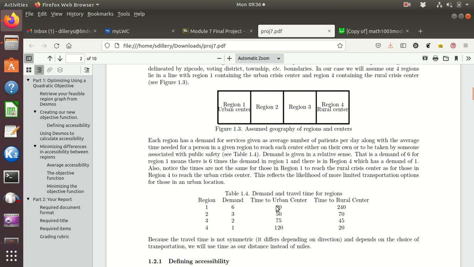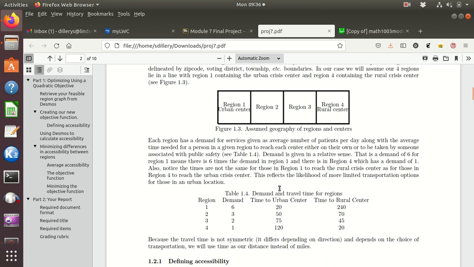again, we've got the time to the urban center. Well, maybe this is in minutes. That's probably what I was picturing when I did this. And so the average person in Region 1 needs about 20 minutes to get to the urban center, but they would need about 240, or about 4 hours on the average, to get to the rural center.